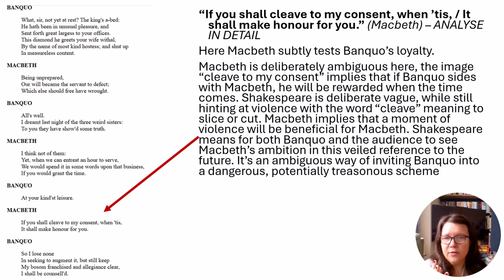We get this veiled reference to the murder, and to it being good for Banquo if he sides with Macbeth in this treasonous scheme. And so Shakespeare is really building in the ideas of loyalty, deception, treason, honour, lies, guilt into this one statement.